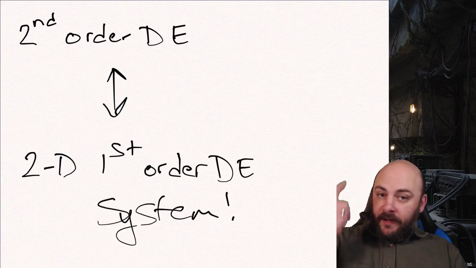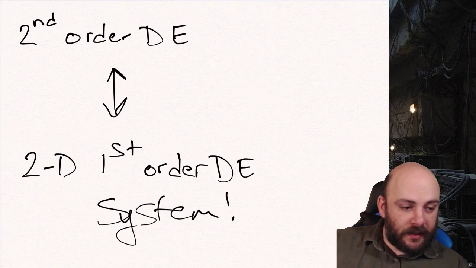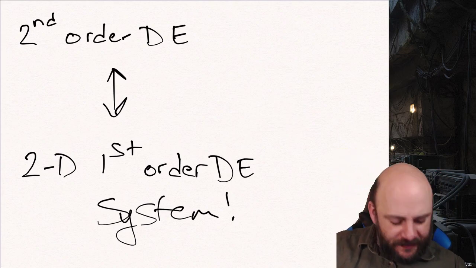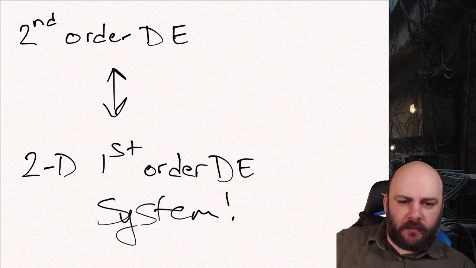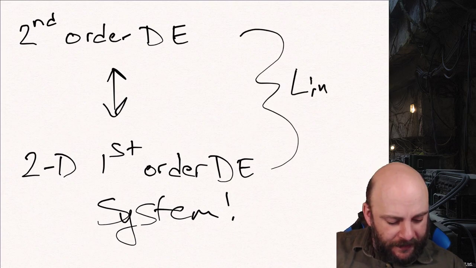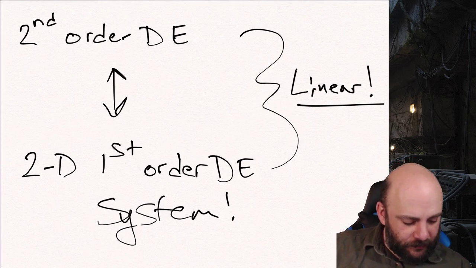If you don't remember that, go look at one of the videos in the previous playlist, and also I have that extra which shows how to go back and forth through this as long as they are linear. That's the important part, that we have linear differential equations here.